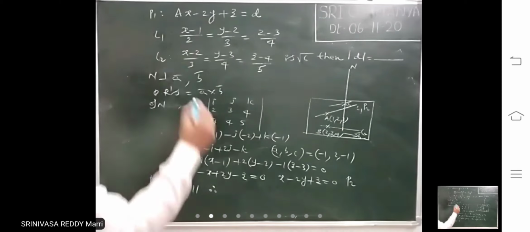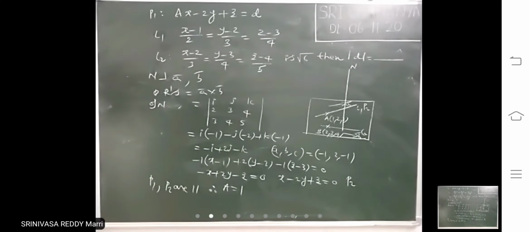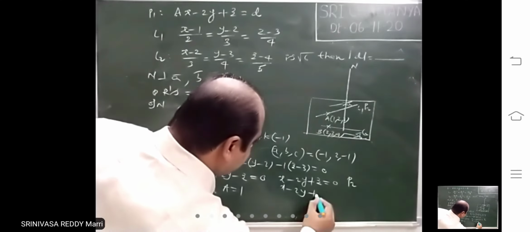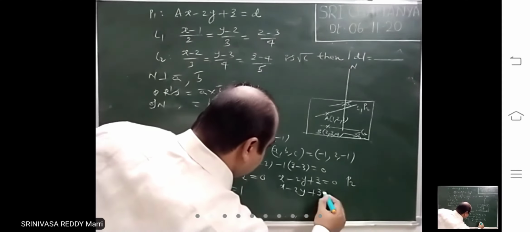Therefore, what can you say about a? It is 1. So plane 1 is nothing but x minus 2y plus z equal to d. What is the parallel distance? Parallel distance is root 6.